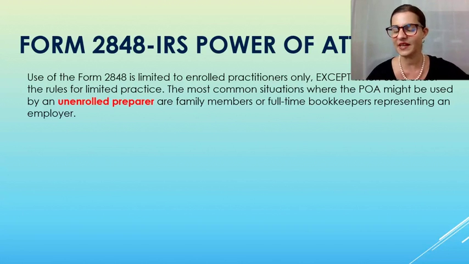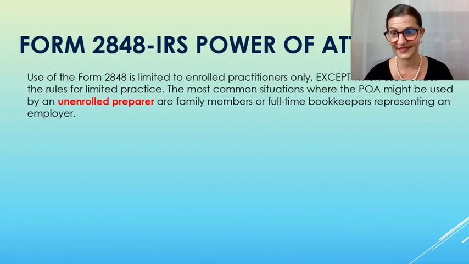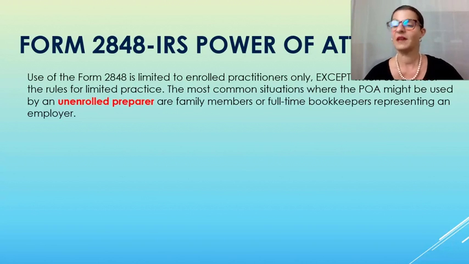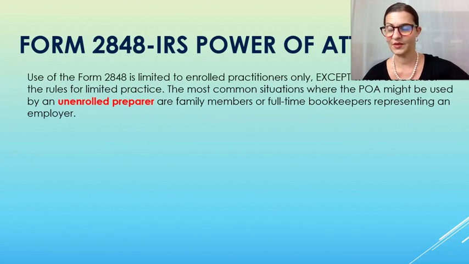And by representing them, what that usually means is they're contacting the IRS to try to figure out what's going on with the payroll issue. All right. So that's also very commonplace. In that case, that employee would be able to represent the taxpayer, and by taxpayer, that's the employer themselves, the business.